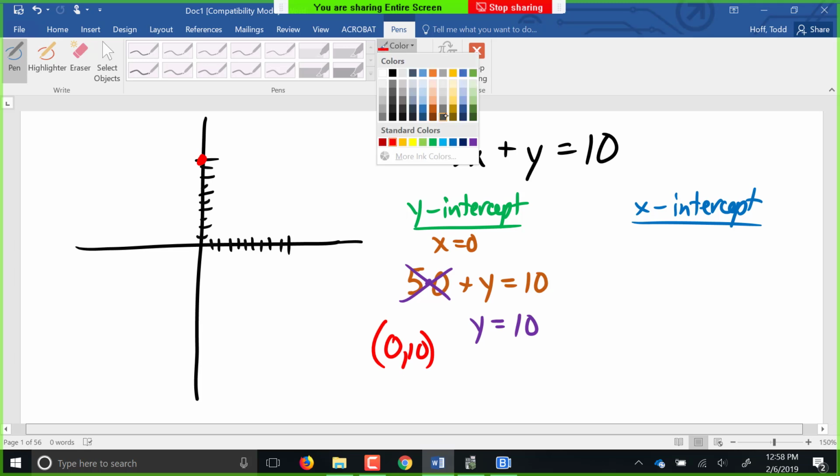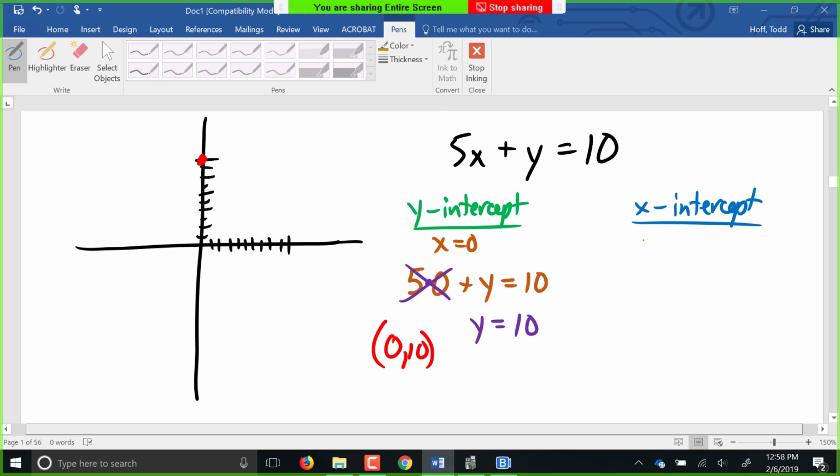How do I find my x-intercept? We let y equal 0. So when I substitute it in, what does it look like? 5x plus 0 equals 10. And of course, this 0 kind of disappears. And to solve it, I do what?